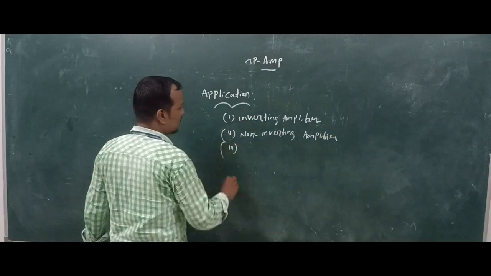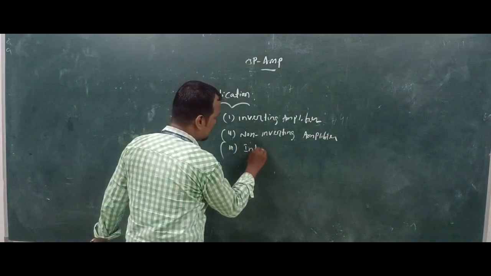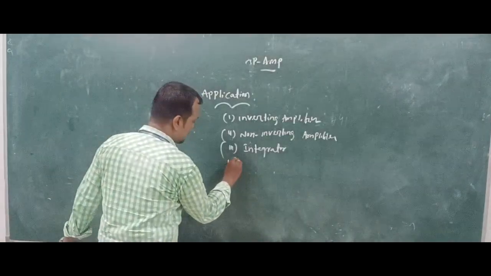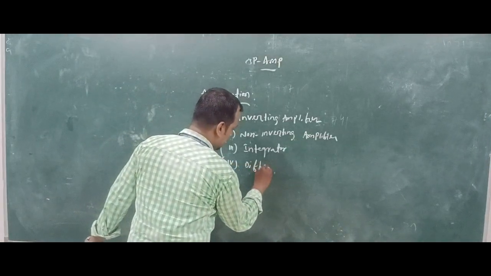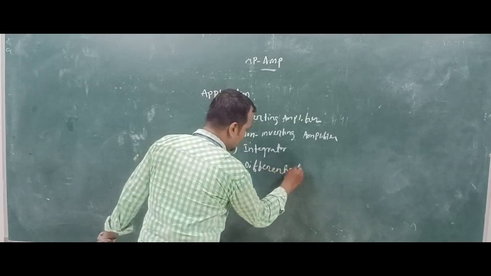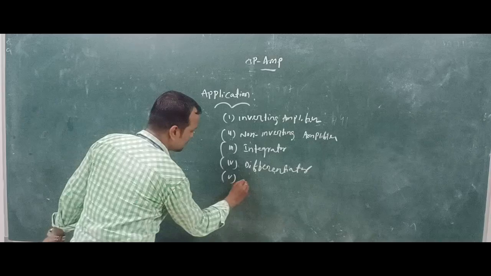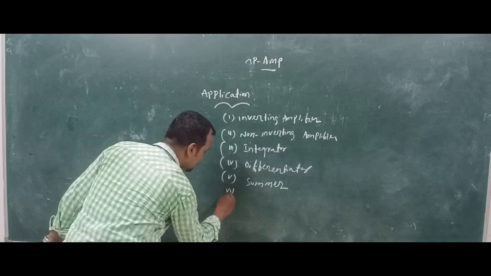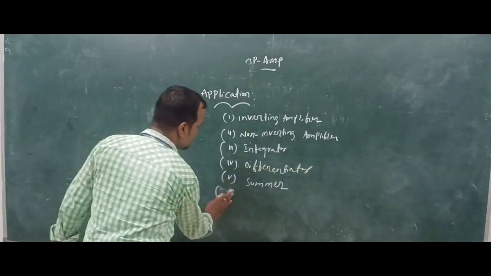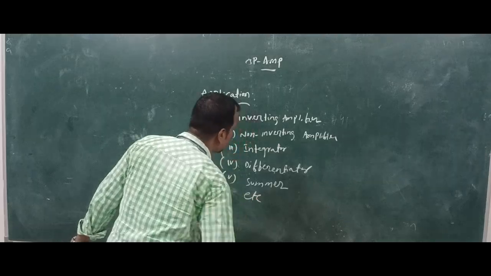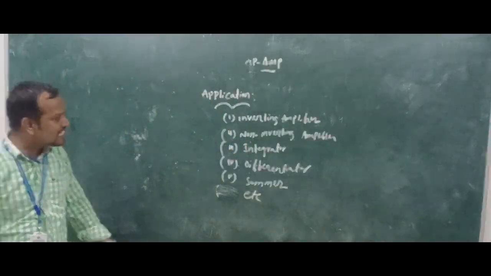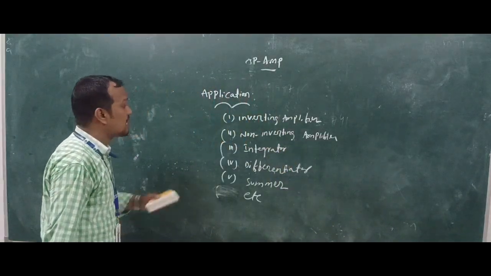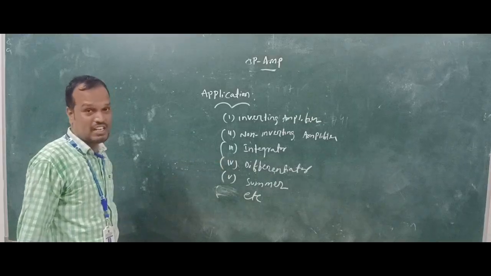The third one is integrator. The fourth one is differentiator. The fifth one is summer. The sixth one is instrument amplifier, but there are others as well, and we have to go through as per our syllabus. Mostly these 5 applications are used in the field of laboratory work: inverting, non-inverting, integrator, differentiator, summer, etc.